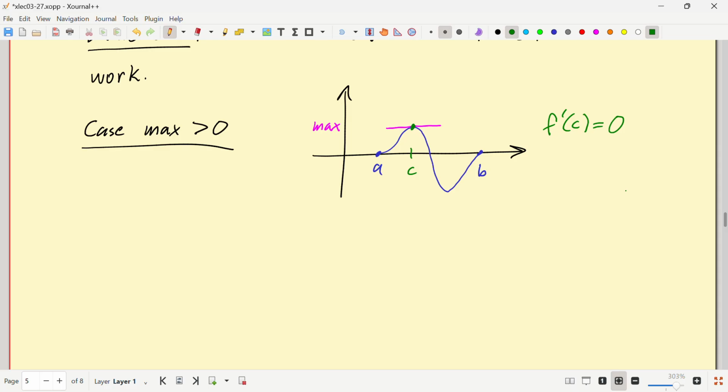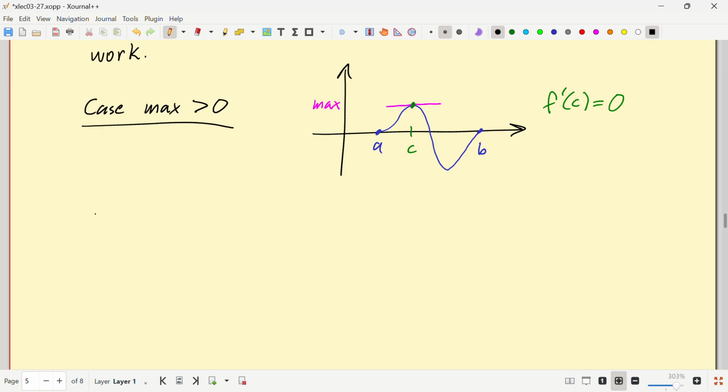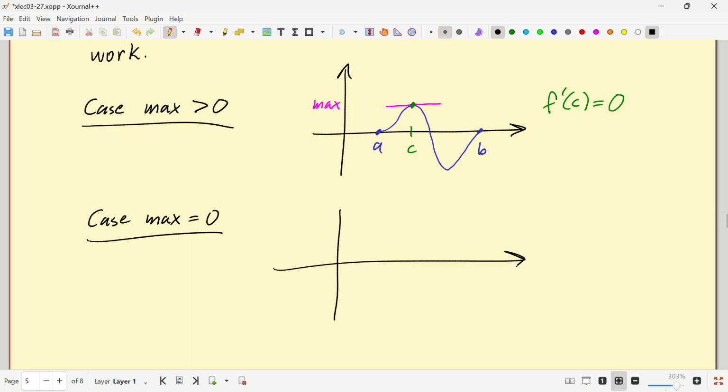Then the case that the max is equal to 0, then it would always be negative, and it's not identically 0. Let's see, the case max less than or equal to 0.